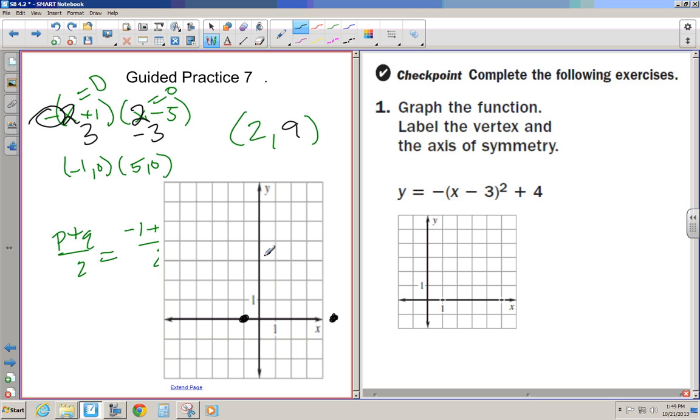It opens down, so our vertex will be up here somewhere. It should be at 2, about right here. And then you draw your nice upside down U to get your parabola.